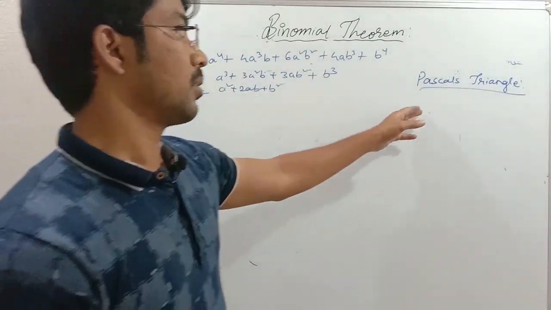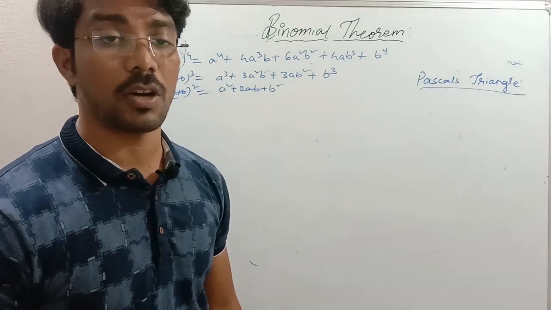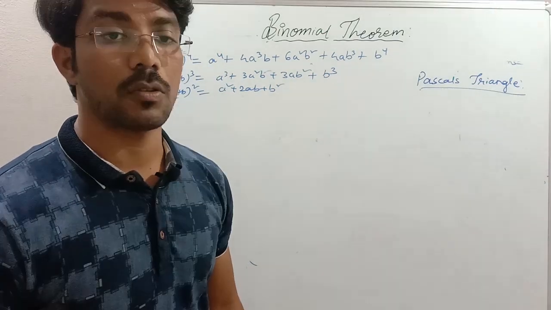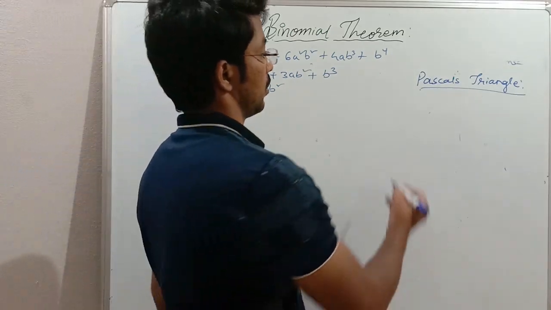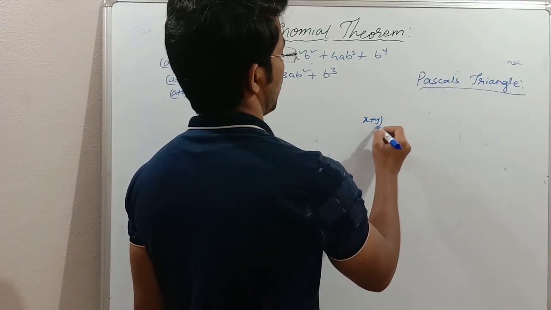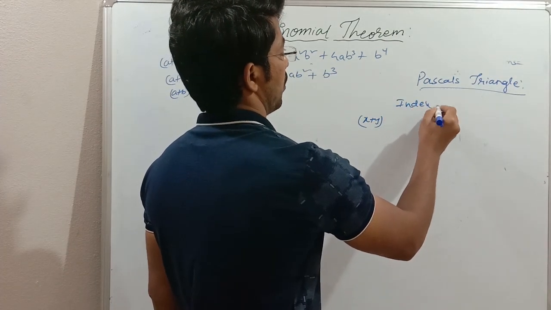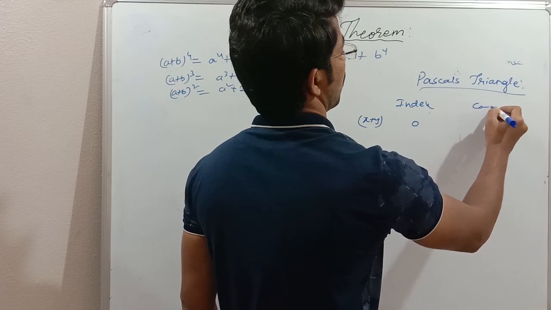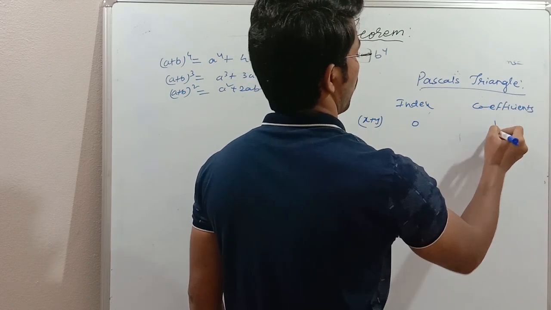Now Pascal's triangle. So what is Pascal's triangle? Pascal's triangle is nothing but a triangle formed by the coefficients of the binomial expansion. So if I take the binomial expression as x plus y, let the index be 0, then the coefficient will be 1.